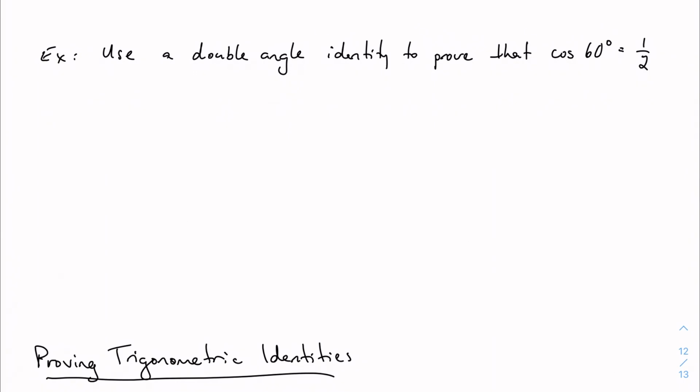Use a double angle identity to prove that cosine 60 equals 1/2. So my question then is, can I write 60 as 2 times something? Yes, I can, right? 2 times 30. So I can use any of my double angle identities. We'll just use the first one because it gets neglected pretty often.